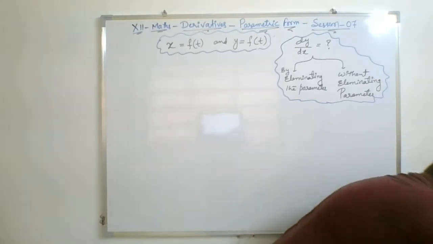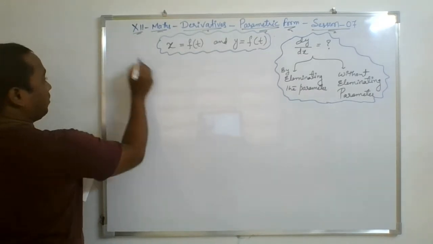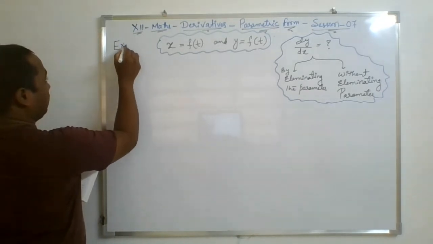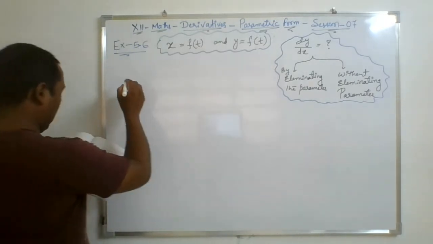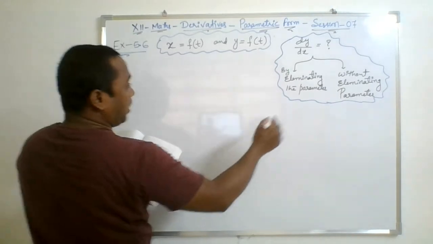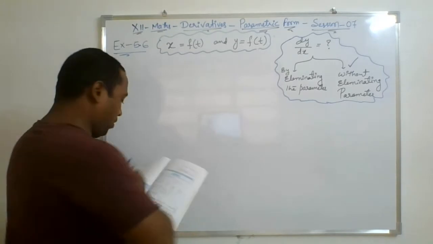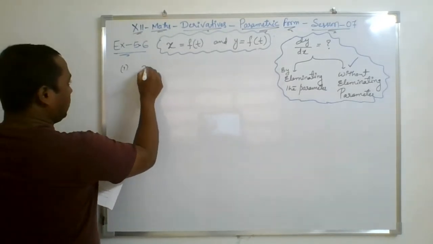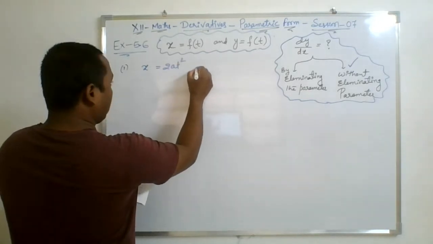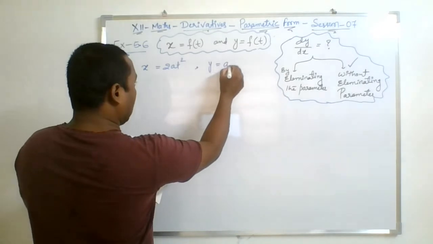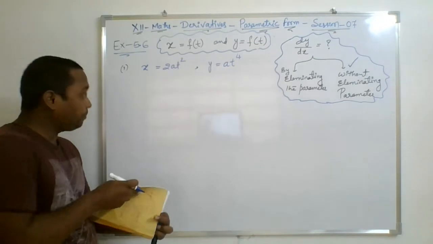Now I am taking a few questions from the textbook, exercise 5.6 from the NCERT. Find dy by dx, and they are asking for the method without eliminating the parameter. So first I am taking the easiest question: x is equal to 2at square and y is equal to at to the power of 4, where a and b, c are called constants over here.